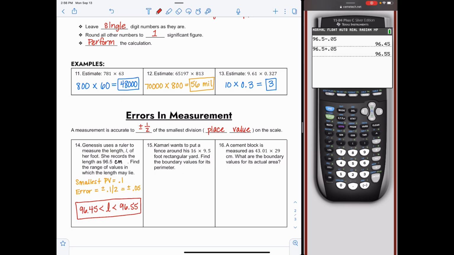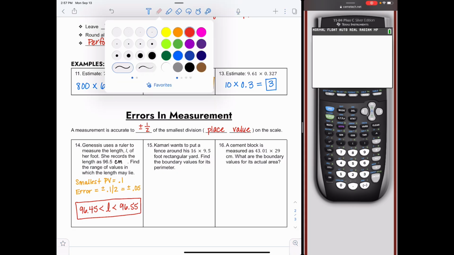All right, so let's look at number 15. It says Kamari wants to put a fence around his 16 by 9.5 foot rectangular yard. Find the boundary values for its perimeter. So we should understand that perimeter means we're going to add all the sides. So what I want to do is figure out the lower and the upper bound of my length and my width.